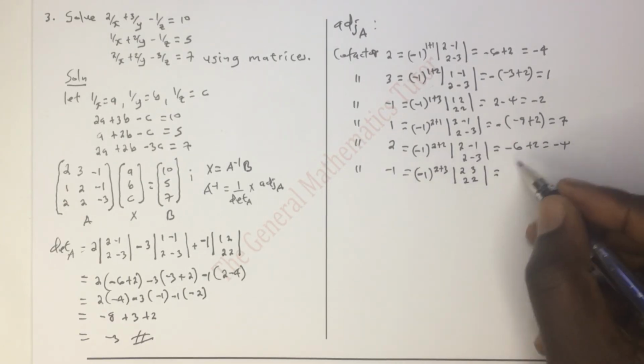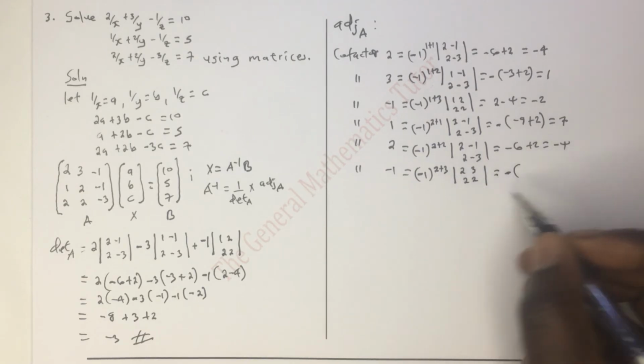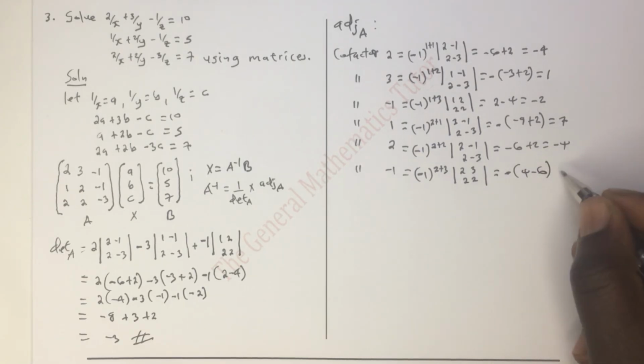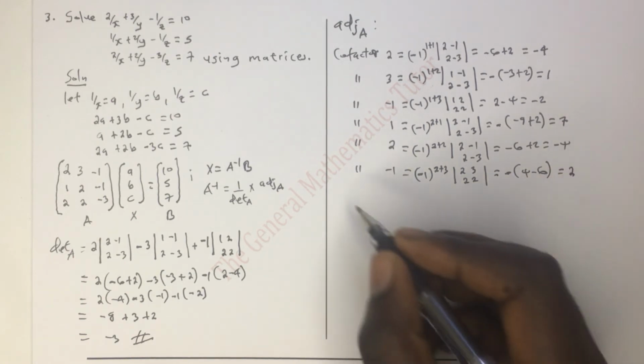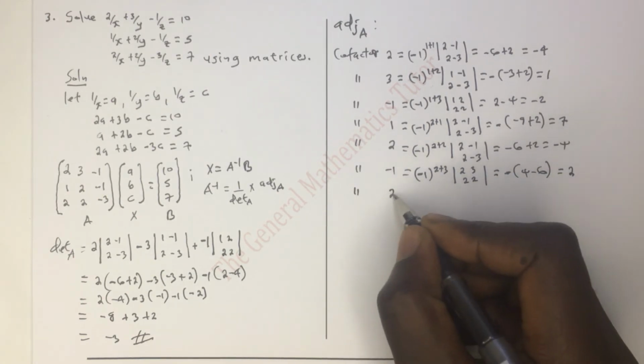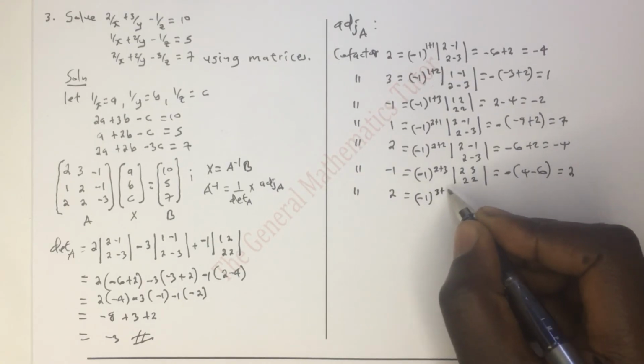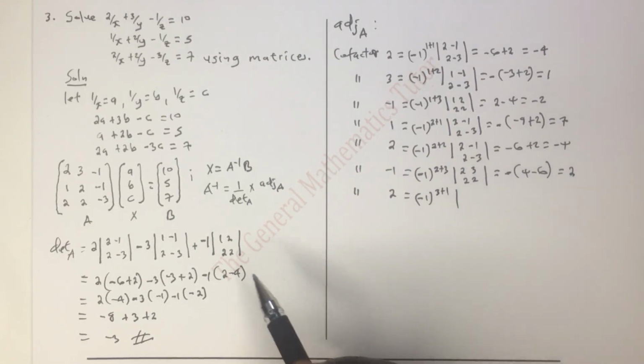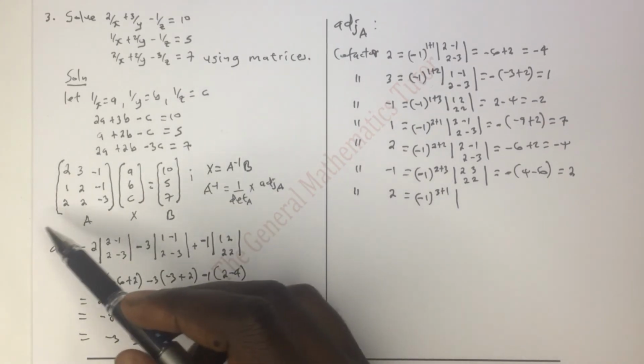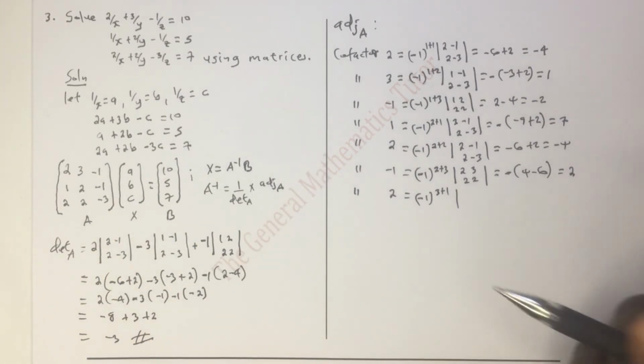So this is odd, so we're going to have a negative there. That is 4 minus 6, which is just positive 2. Then the cofactor of 2, which is the next element. So 2 is in row 3, column 1. And then the 2 by 2 matrix that is left is 3, negative 1, 2, negative 1.